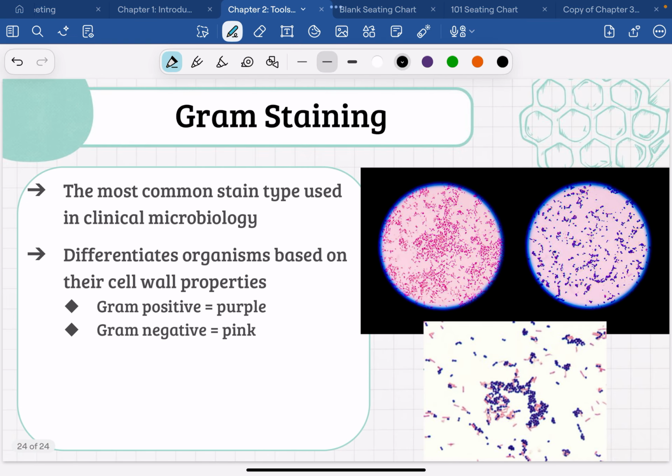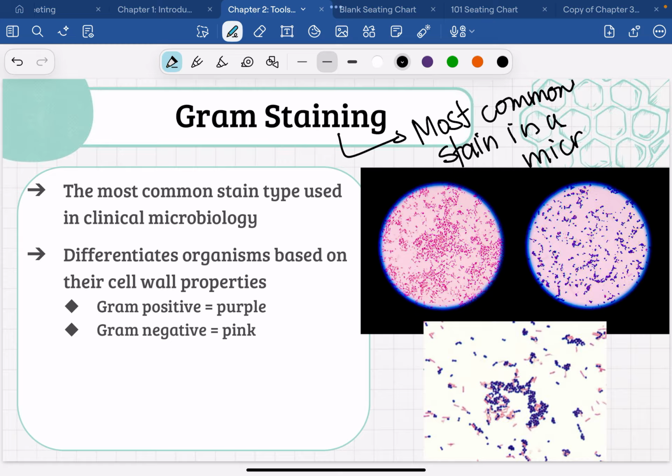Okay? And so we are briefly going to be talking about what is called gram staining. And gram staining is by far, not even close, the most common stain in a microlab.